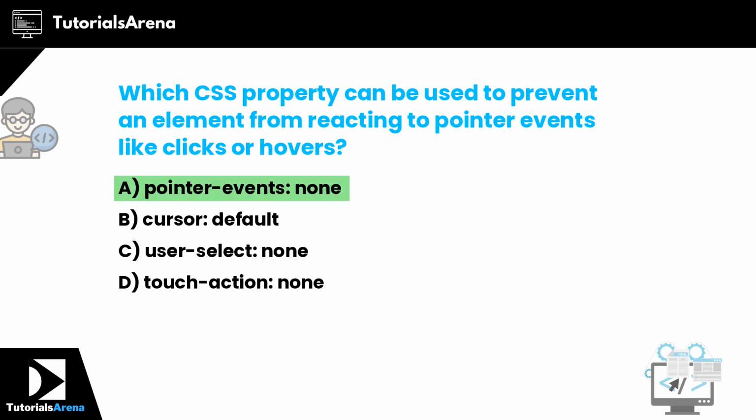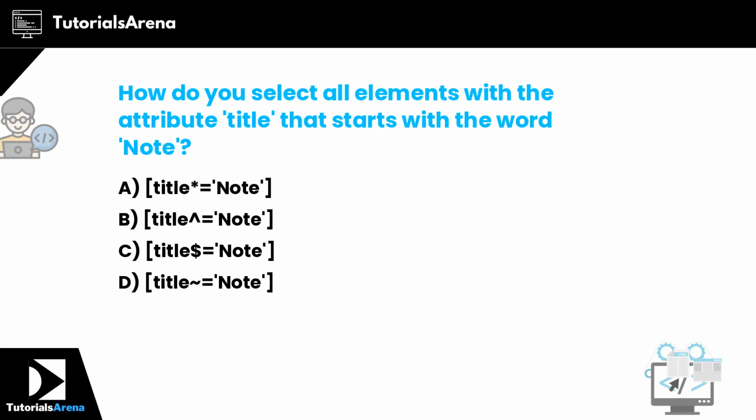The correct answer is option A, pointer-events: none. How do you select all elements with the attribute title that starts with the word note? The correct answer is option B, [title^=note].